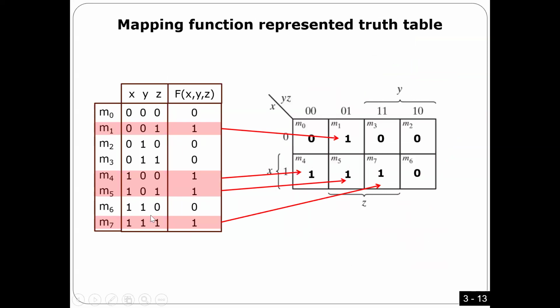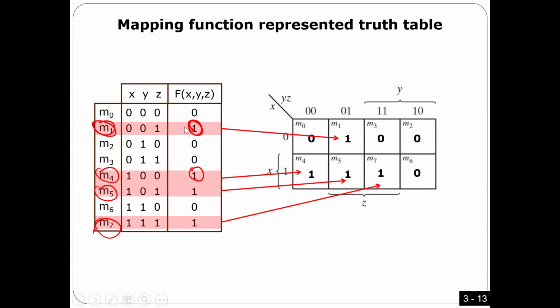If I give you the function in a truth table format, how can I map it here? Very easy. Look for ones. So this one is M1, F1 here, and M4, M5, M7. I have to go to these places, M1, M4, M5, M7, and put ones. Any other squares are zeros.